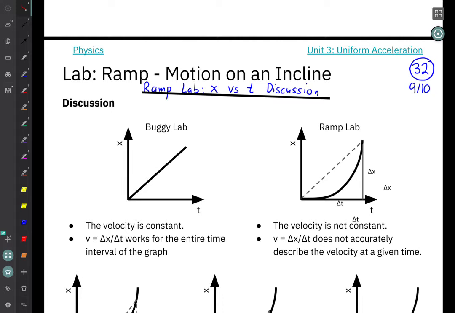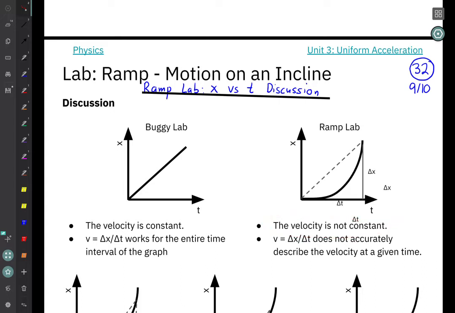So after we have our graph written down for our ramp lab, where we have our position on the y-axis, our time on the x-axis, and we're showing this exponential relationship, where position is proportional to the square of the time values, then we can talk about what that means. Our velocity is not going to be constant.